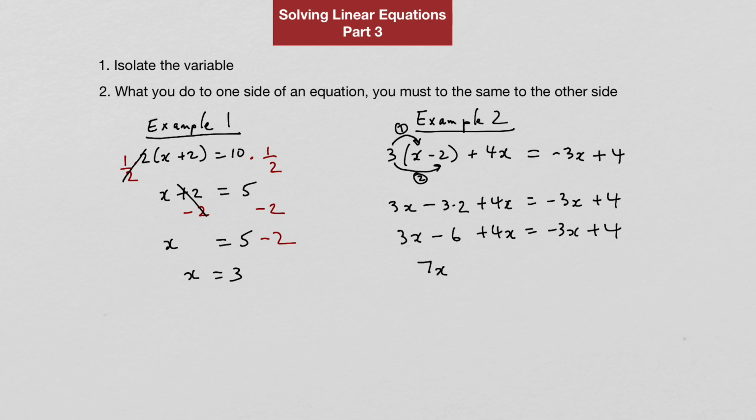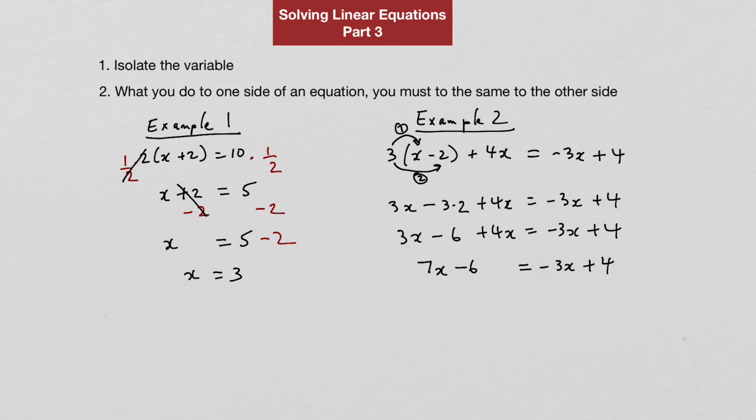And I'm going to write out the rest of the equation. Minus 6 is equal to negative 3x plus 4. So then what we need to do is move this negative 3x over to this side of the equation. Well, how do we do that?